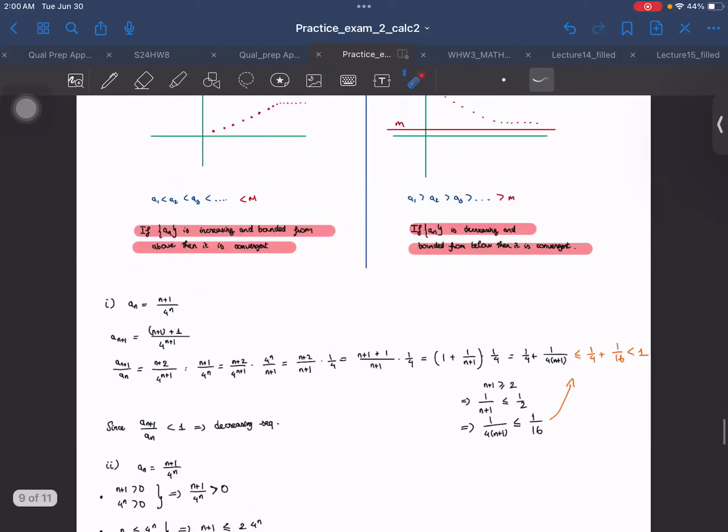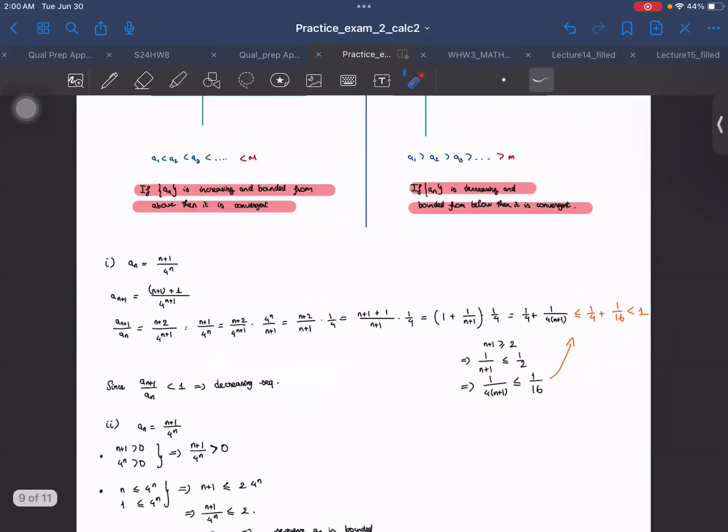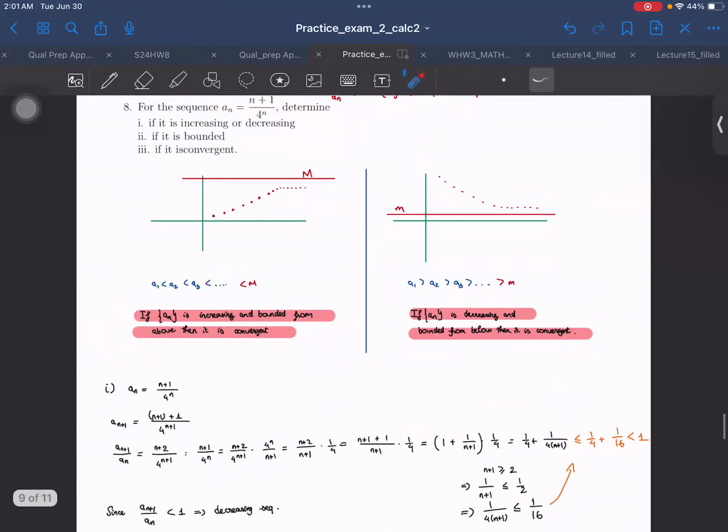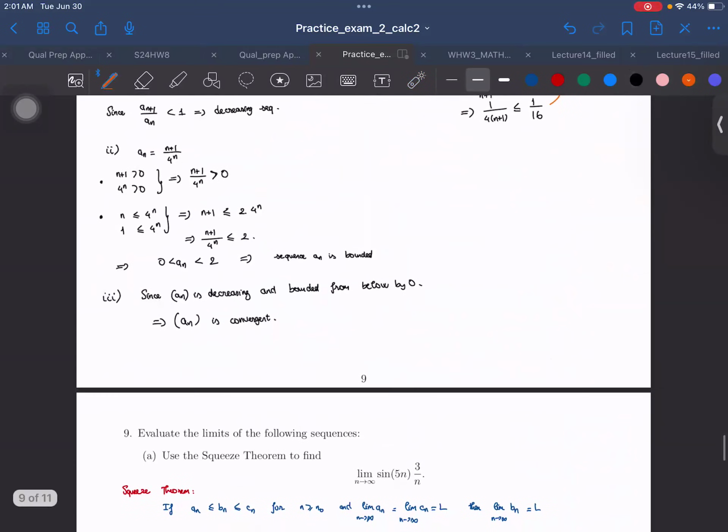I forgot to mention, for part 1, if you don't want to consider the ratio and do some kind of explanation to obtain the bound to conclude that the ratio is less than 1, you can try to approach from this way.